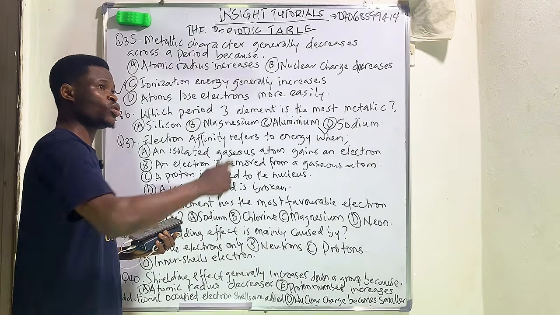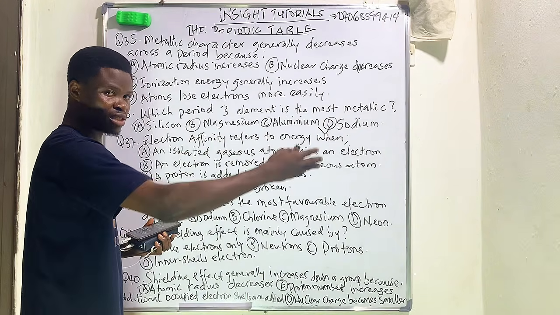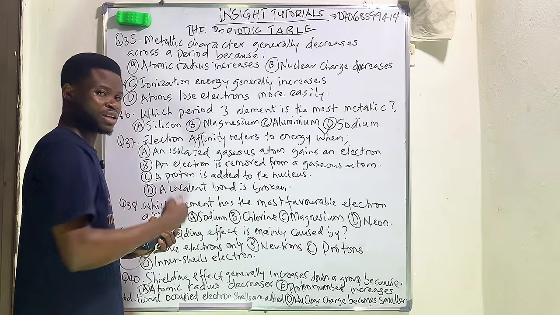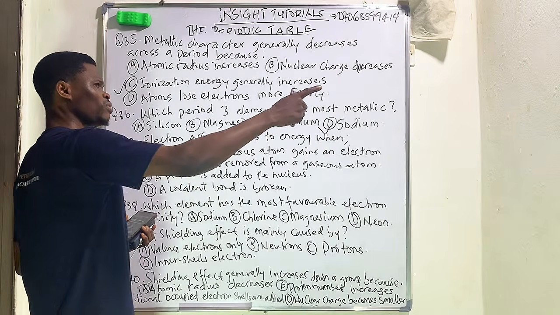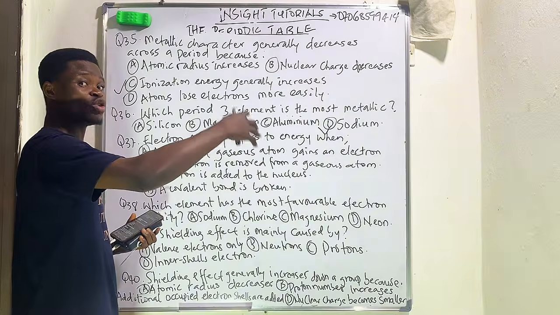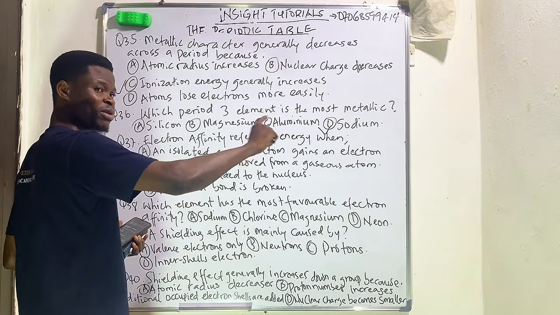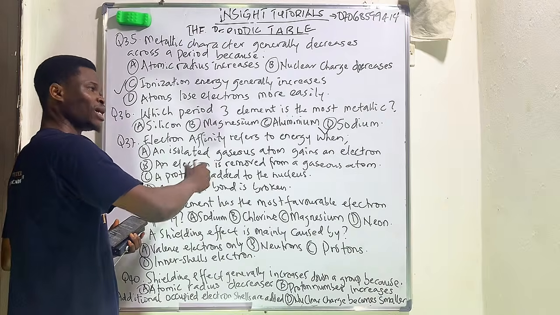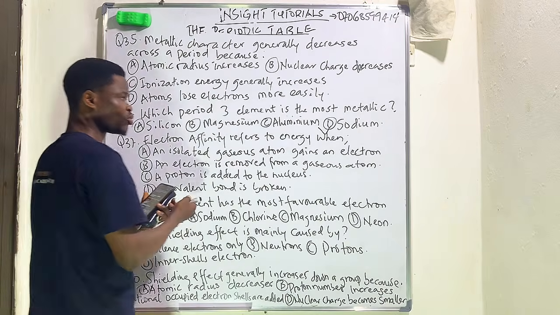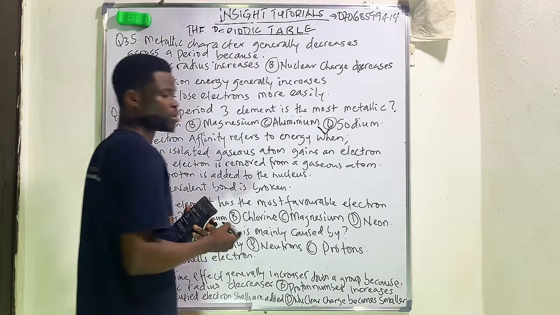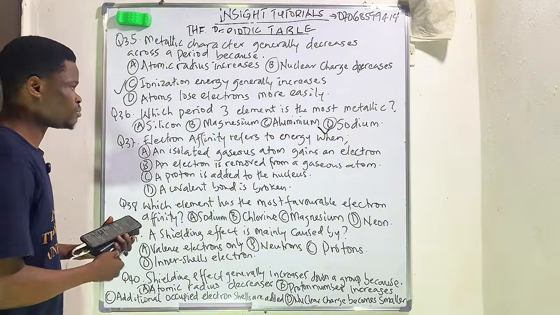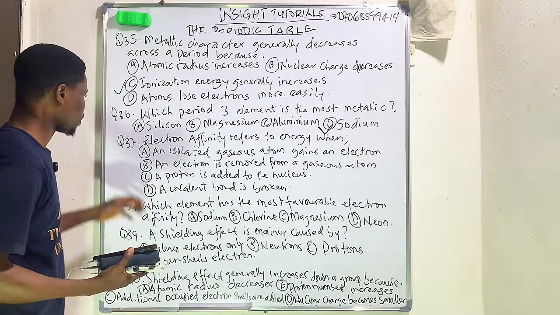So dealing with period 3 elements, you go through silicon, then aluminum, then magnesium, and then sodium finally. So sodium is the most metallic element in period 3.